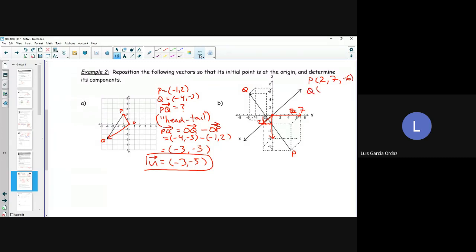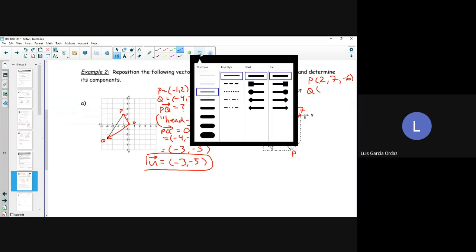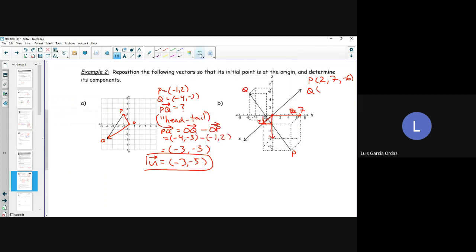Now, using this information, I want you guys to try to figure out what Q is going to give me, again based off of the origin. I'm going to erase this because we found P. Now I want you guys to find Q. It's a bit harder to see because there's a lot being drawn in between them.